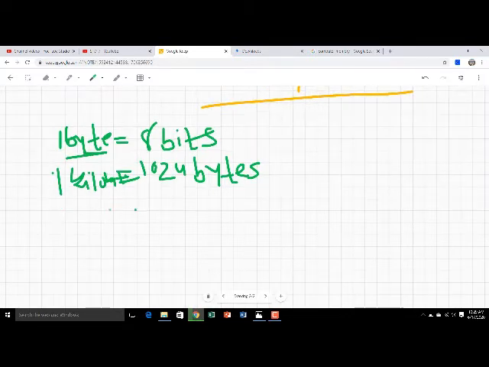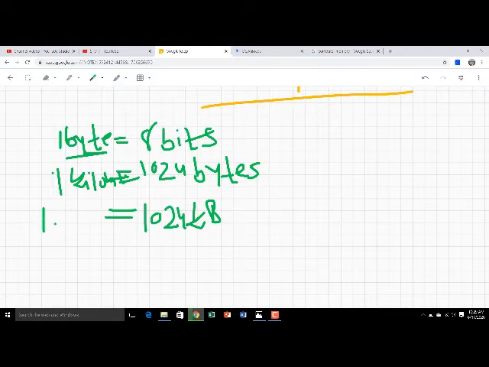And next, 1024 kilobytes equal 1 megabyte.